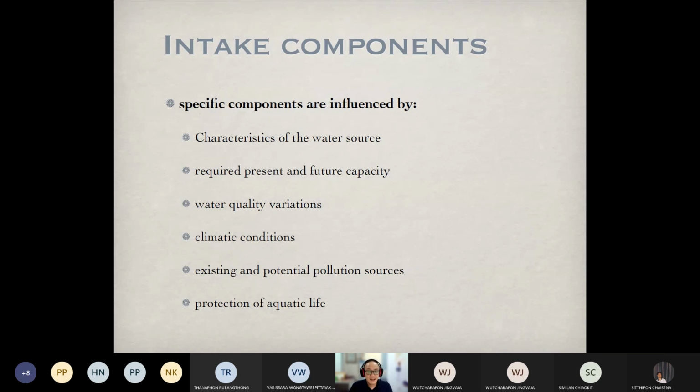The existing and the potential pollution sources: like in the case of Bangkok, we mostly use the water from the Chao Phraya River. It's the major river in the central region of Thailand. Many cities are located along this river, and we all use the water from this river. In the case of Bangkok, we actually built a canal.